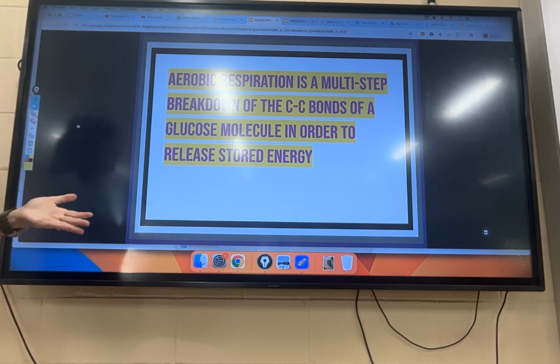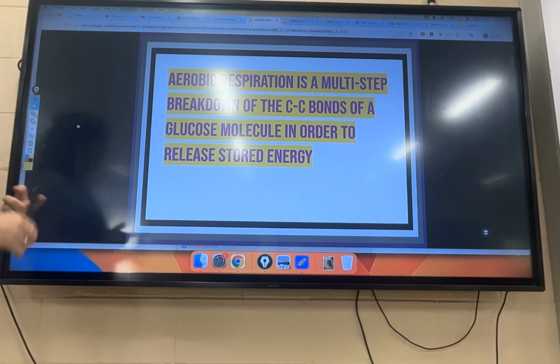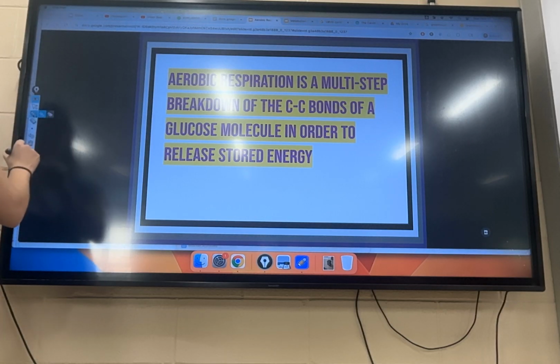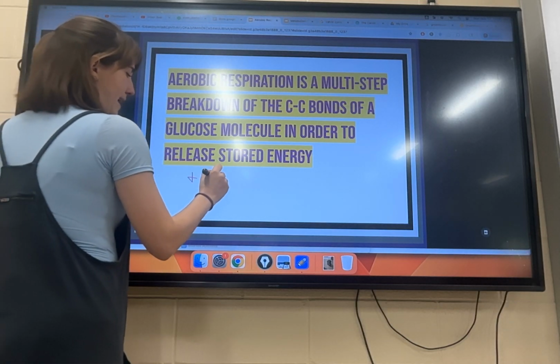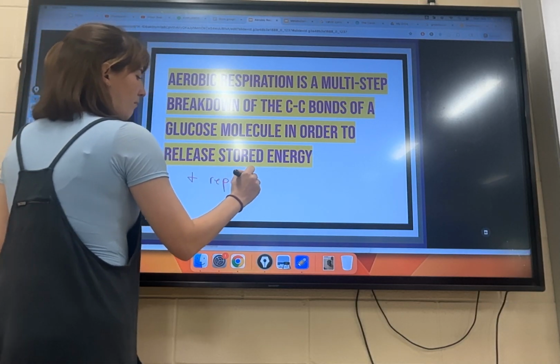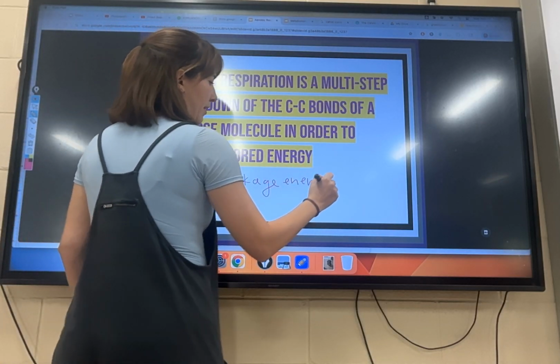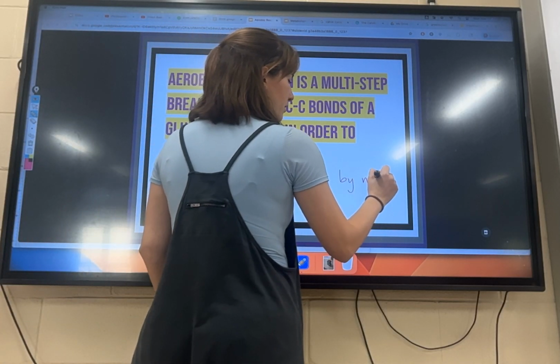So this is a multi-step breakdown of the carbon-carbon bonds of glucose in order to release stored energy and package it into new molecules. And to repackage it, by making new molecules.